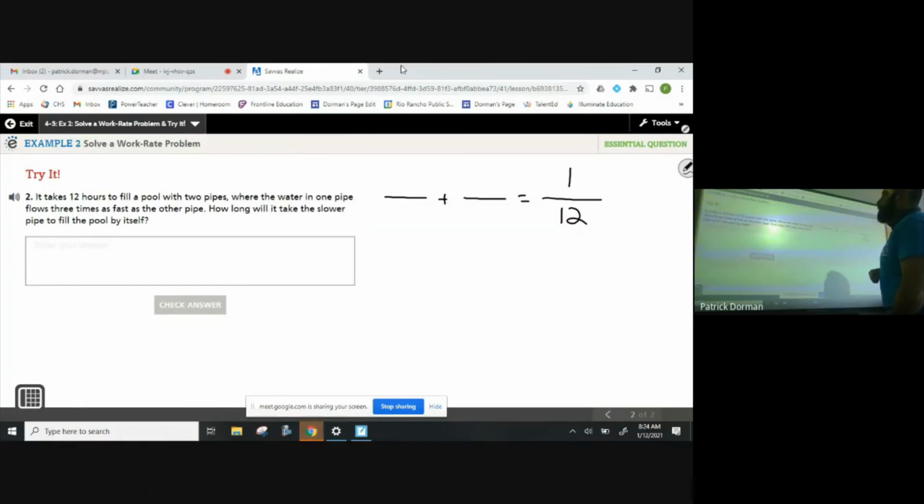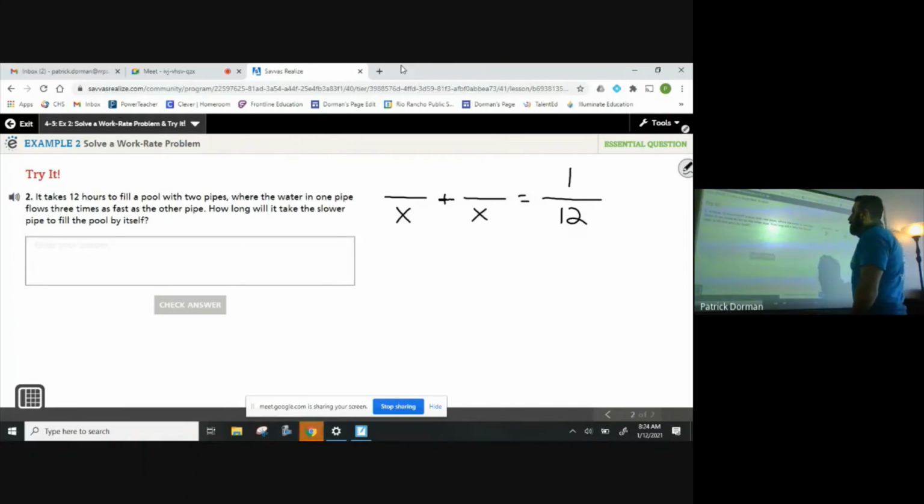One pipe flows 3 times as fast as the other pipe. Okay, so we'd like to know what the rate is. So we don't know either rate, right? We don't know the rate of the slower one. We don't know the rate of the faster one.